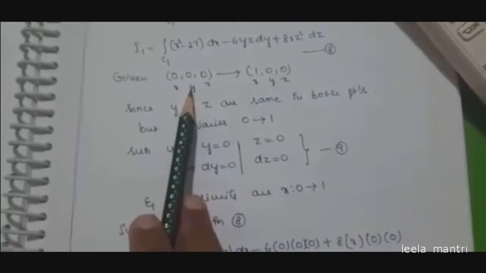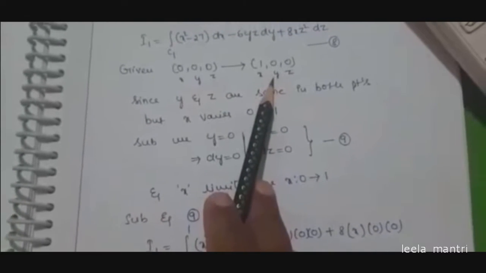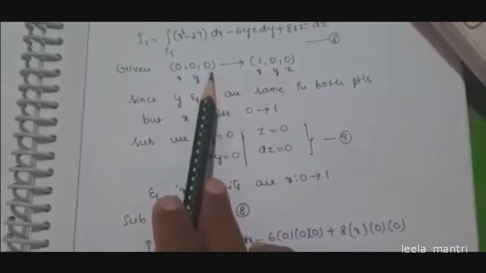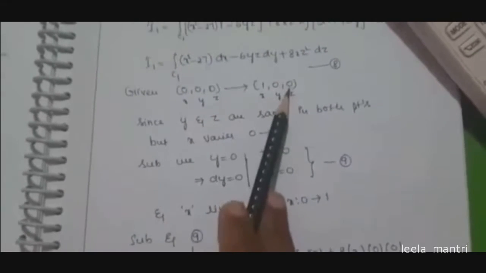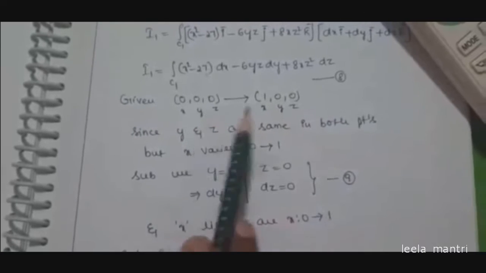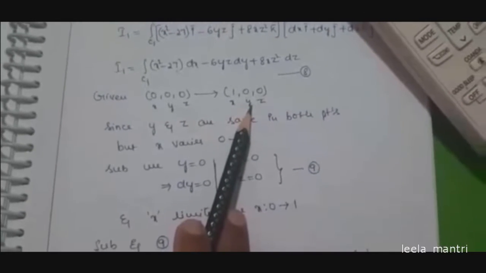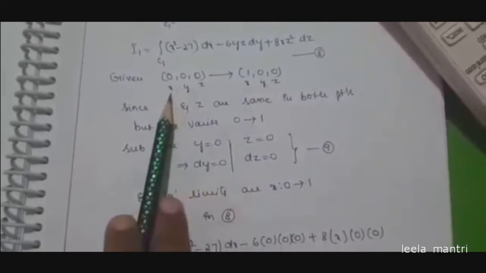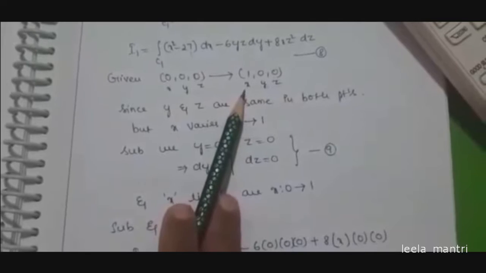From the first point y is equal to 0 and from the second point y is equal to 0. Both are the same, and z is equal to 0 in the first point and z is equal to 0 in the second point. Since both conditions are the same for y and z, and x varies from 0 to 1, the different values of x can be converted in the form of limits.